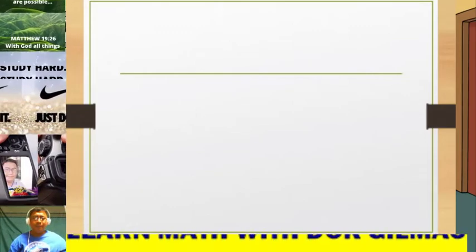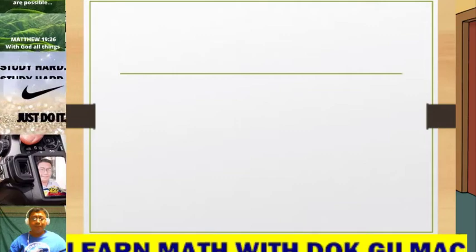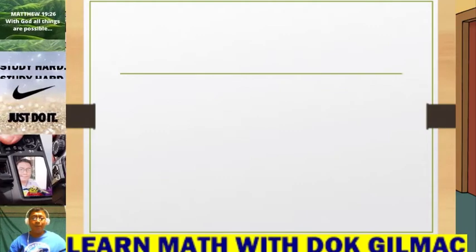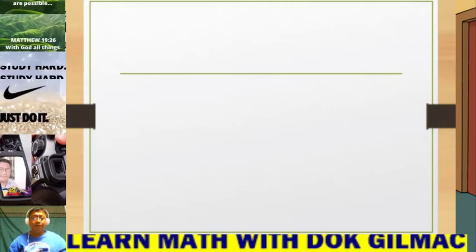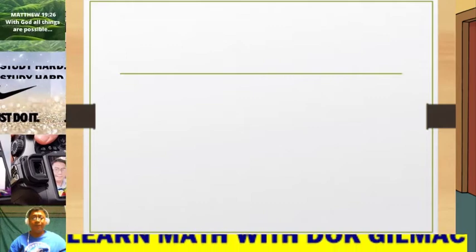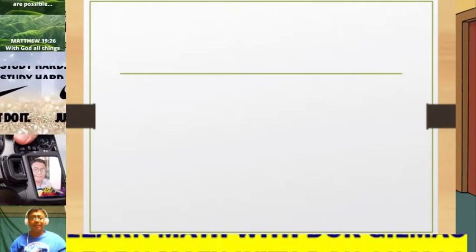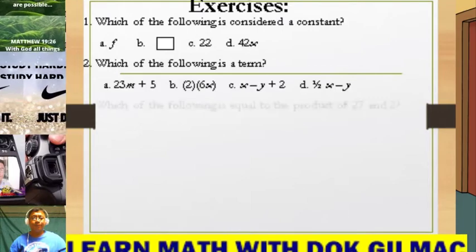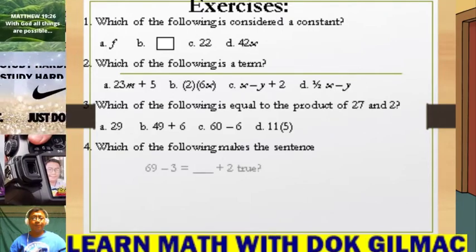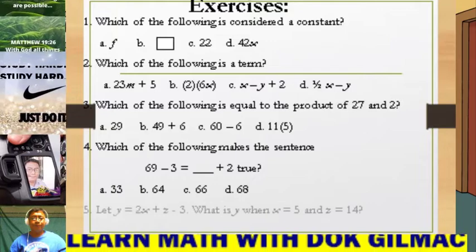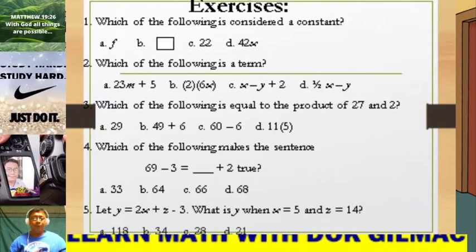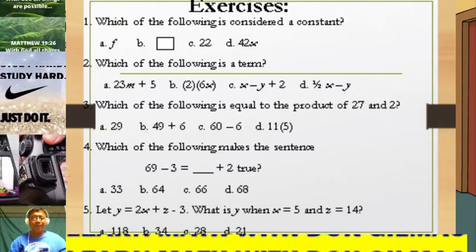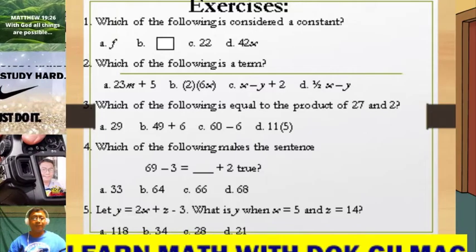Alright class, we are done with our lectures. This time, you're going to apply what you have learned for today. Consider the given exercises. You have 2 minutes to answer the given questions.